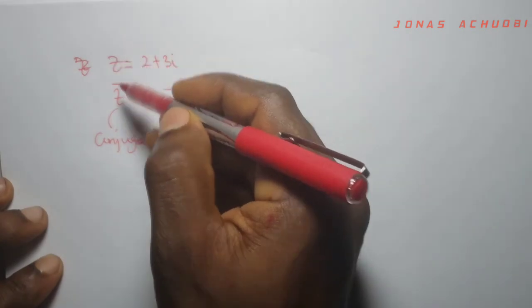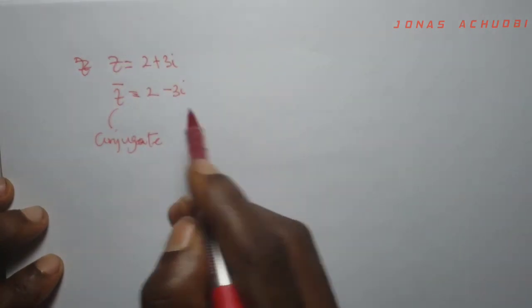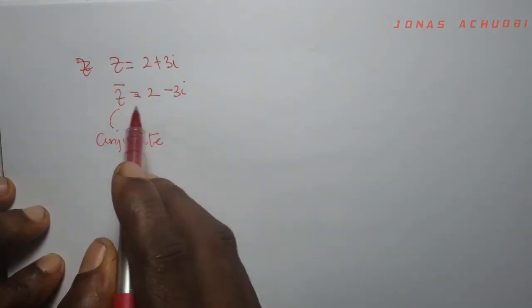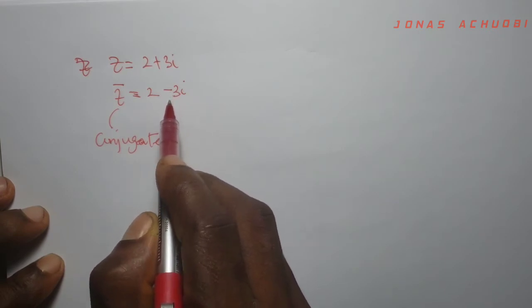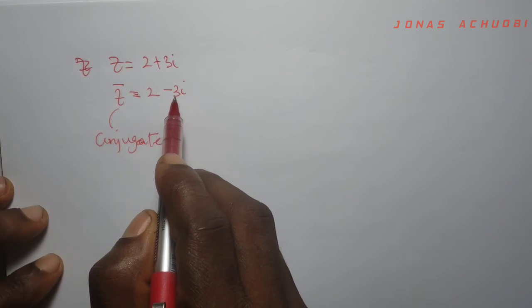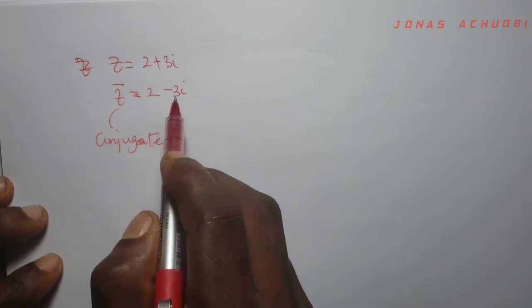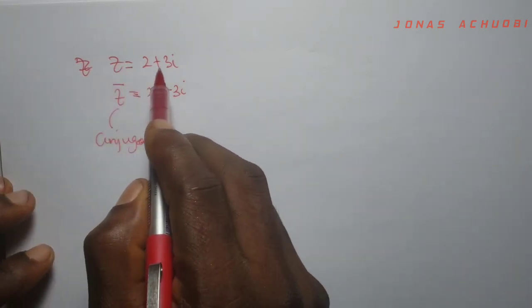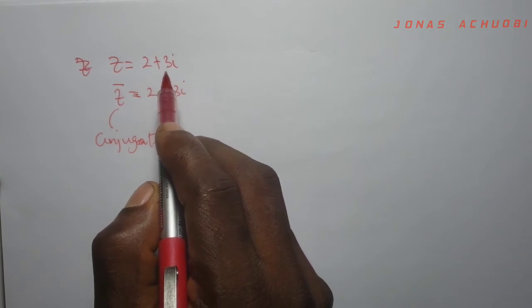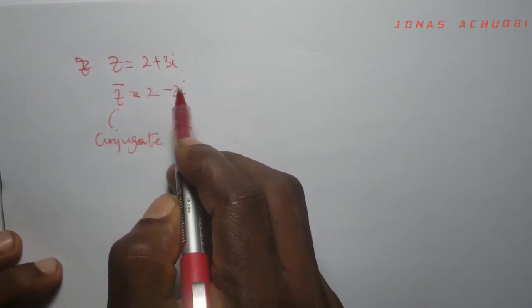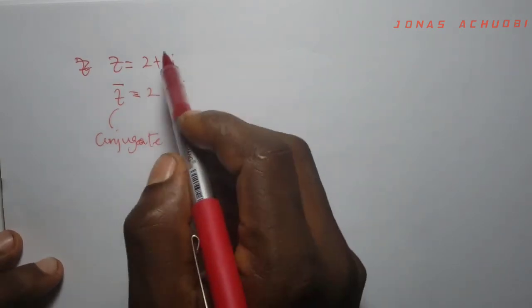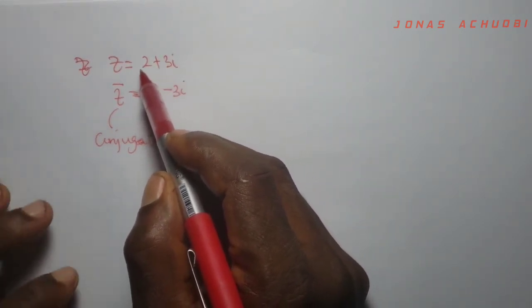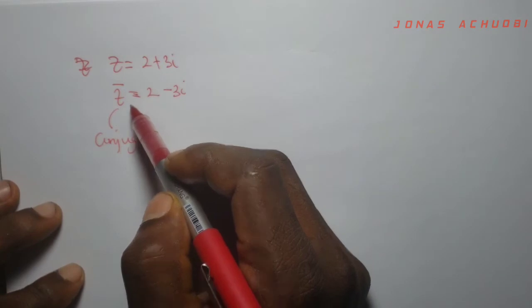So a complex number and its conjugate are the same, except that on the conjugate of a complex number, the sign of the imaginary part, emphasis, the sign on the imaginary part, will be the opposite one. So if the original complex number has a minus at the imaginary part, the conjugate will have a plus at the imaginary part. Now the remark says that the product of a complex number and its conjugate is a real number. Let us see.